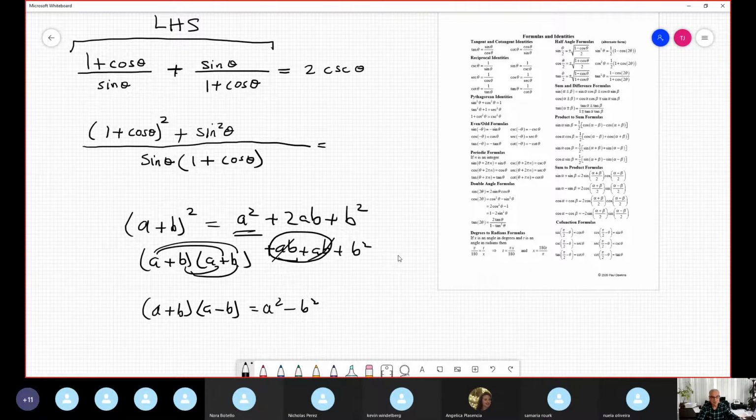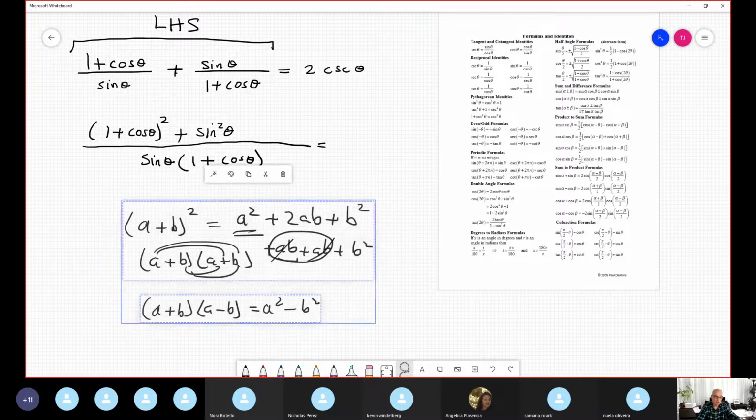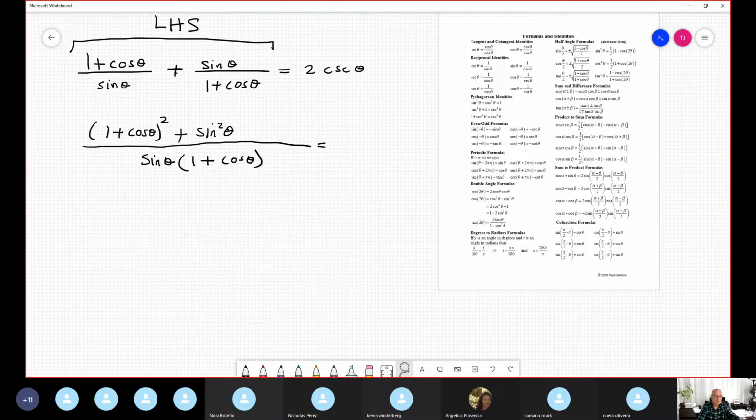This is a special product. Sometimes some books call it quick FOIL, but it's okay. Okay, so how do you expand this guy? Well, square the first term. Okay, 1, and 1 squared is 1. Plus 2 times cosine theta plus cosine theta squared.